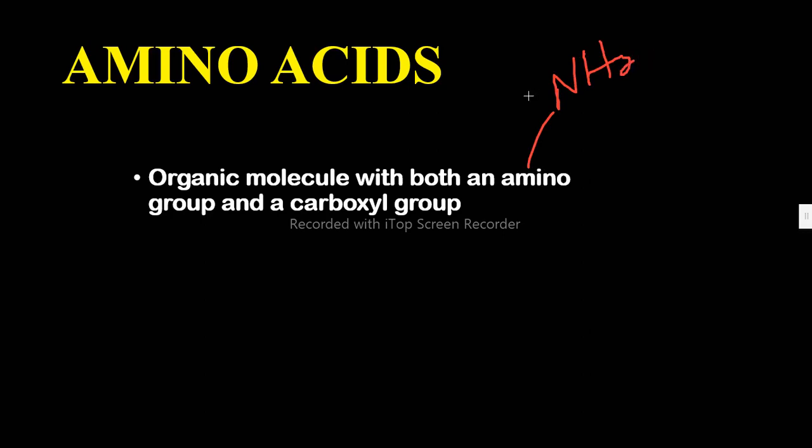And this is the carboxyl group, as you can tell from your basic understanding of organic chemistry. Basically all amino acids have those two, and it's because of those two that we have given them the name amino acids.